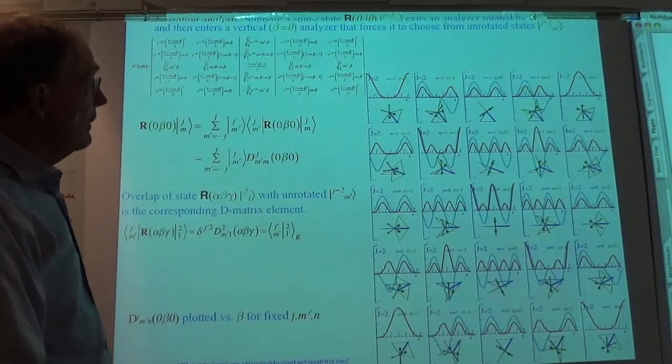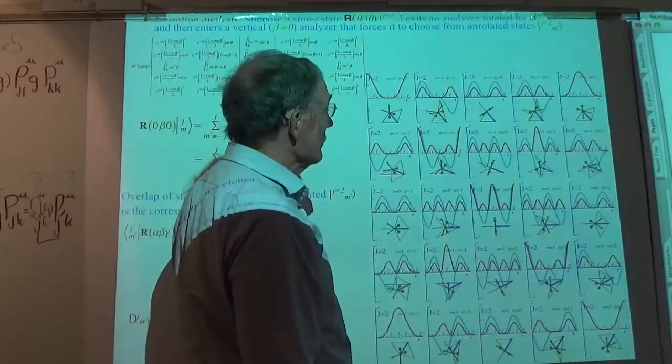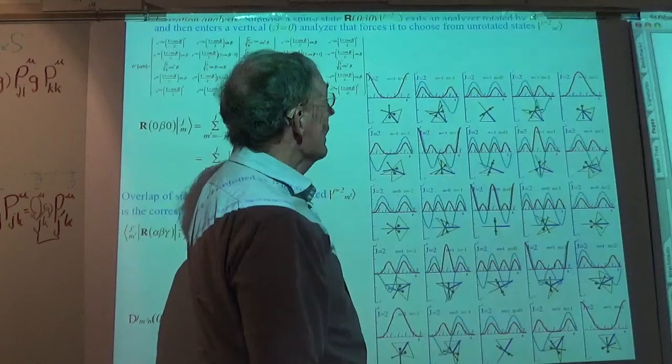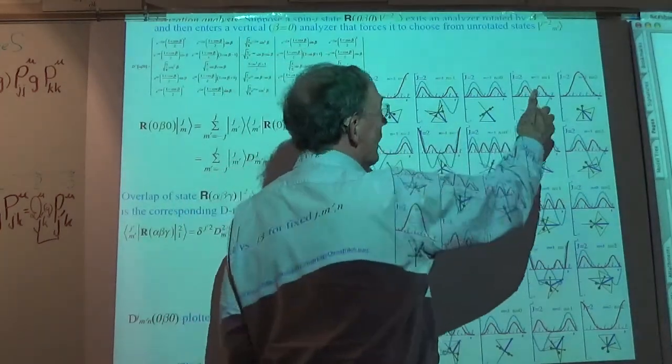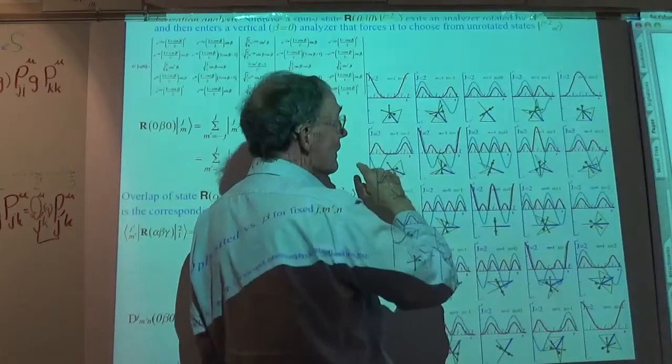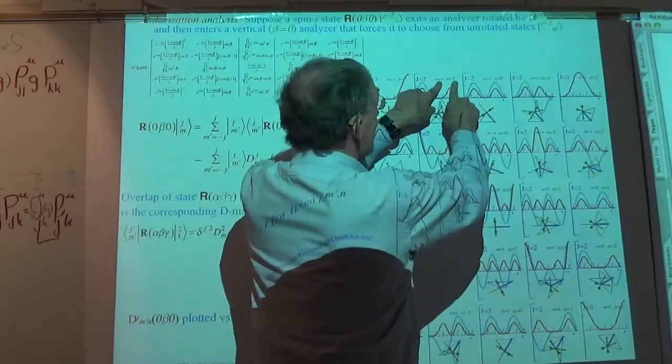And here's a picture of the whole matrix of possibilities. We were just looking at the J, M1 row here. Now let me get myself squared here. This is -2, -2. This is -2, -1.